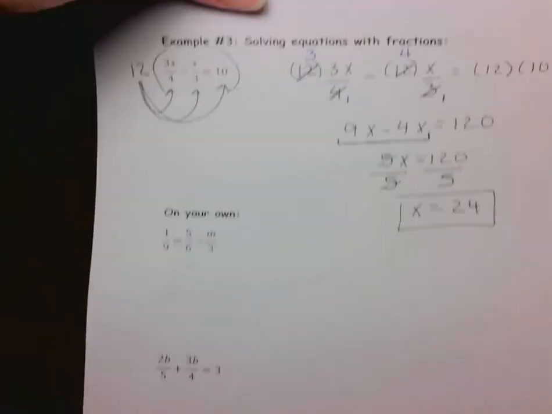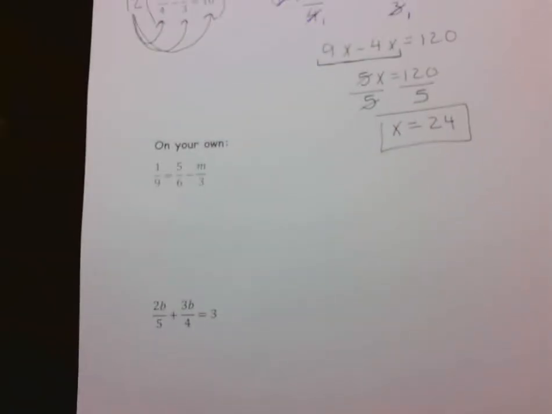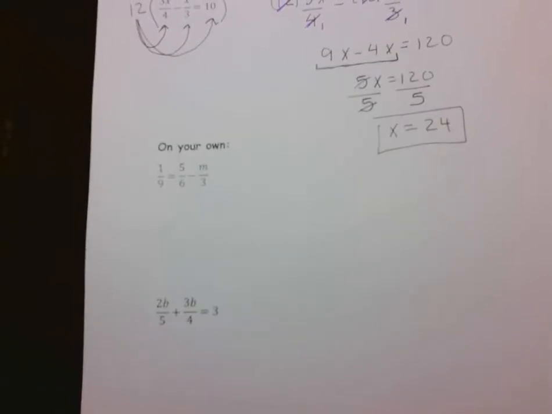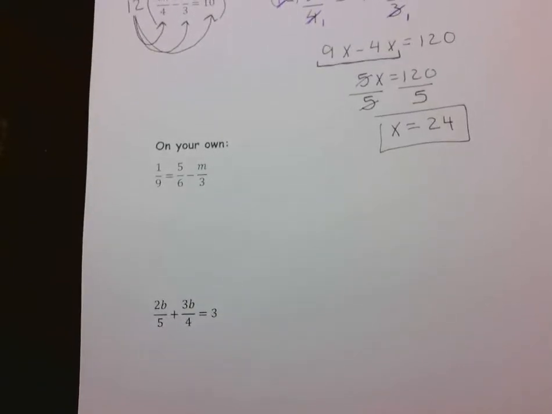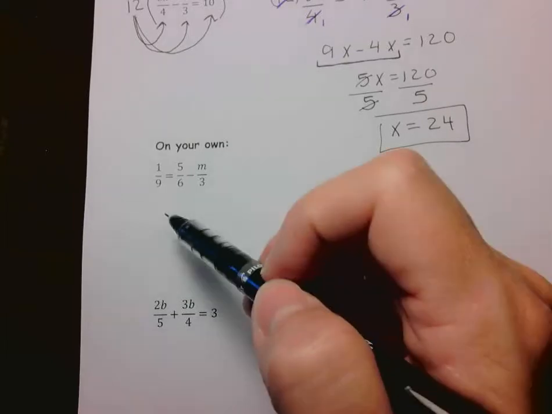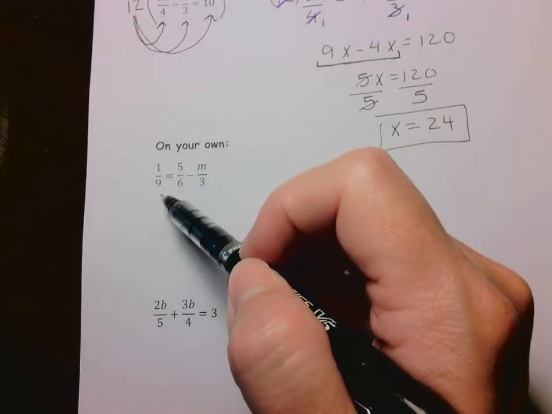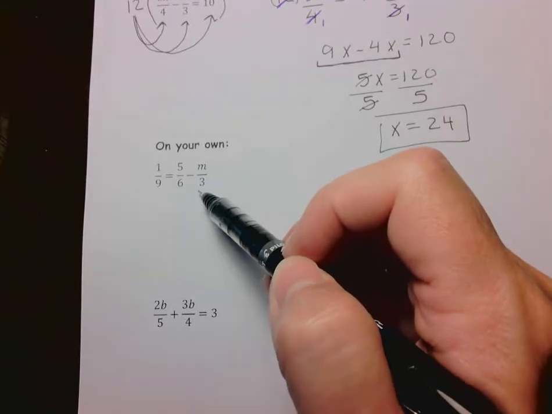And remember, you're multiplying each term by the least common multiple of your denominators. Okay, so you should have worked these out, and I'm going to work them out for you. My least common multiple of 9, 6, and 3 is 18.